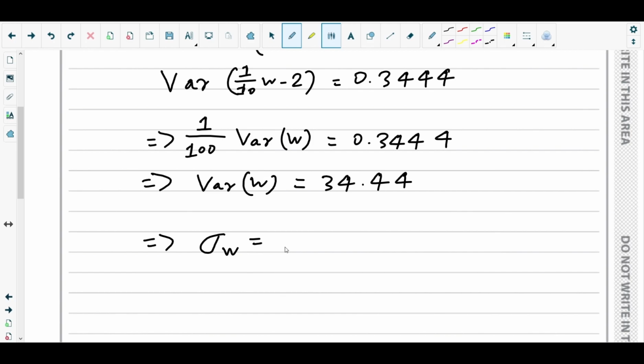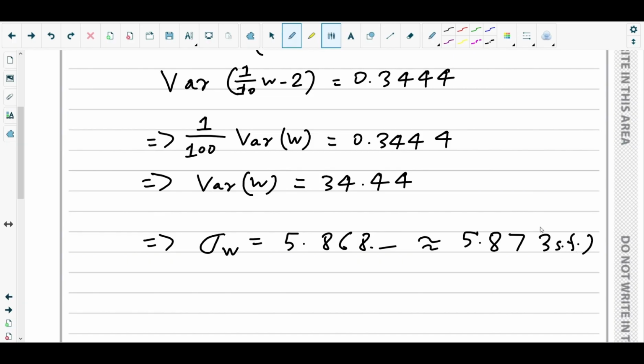This is basically 5.87. The value is 5.868 something, so we can round it to 3 significant figures, that is 5.87.